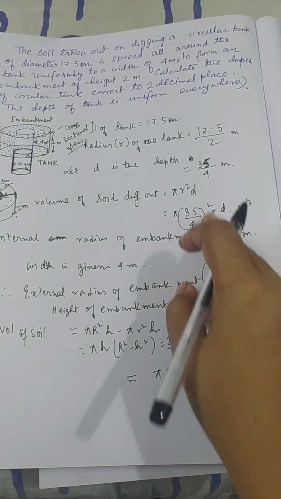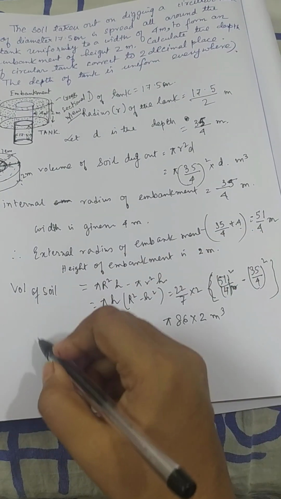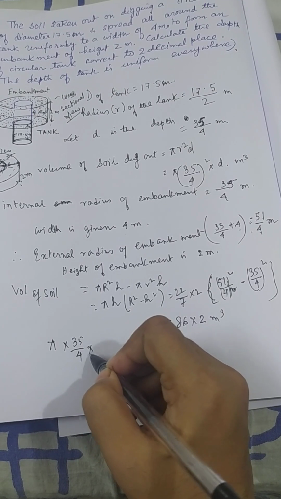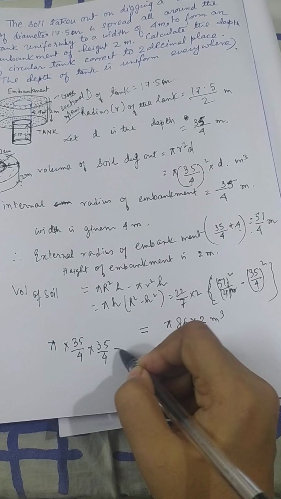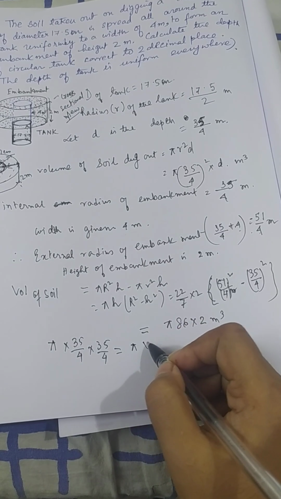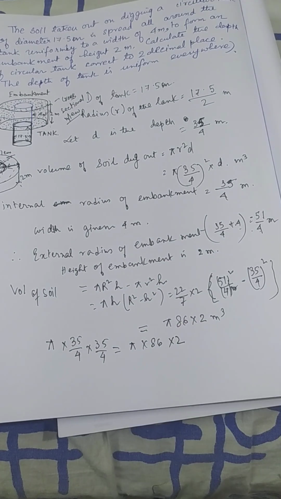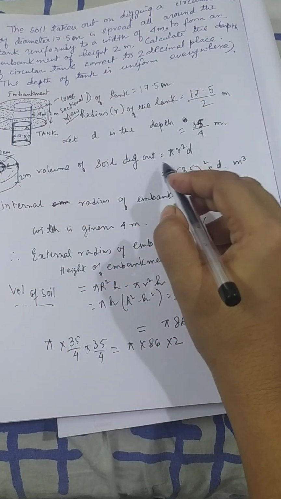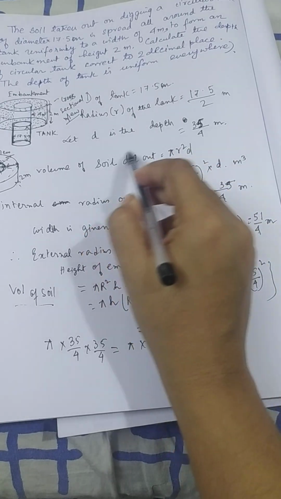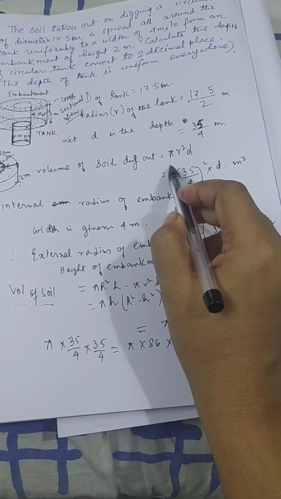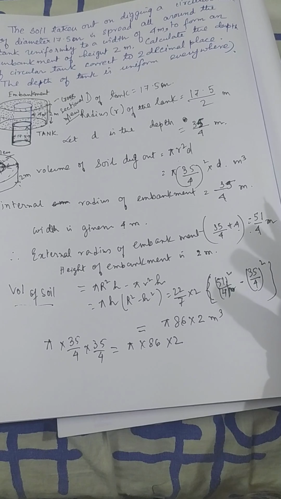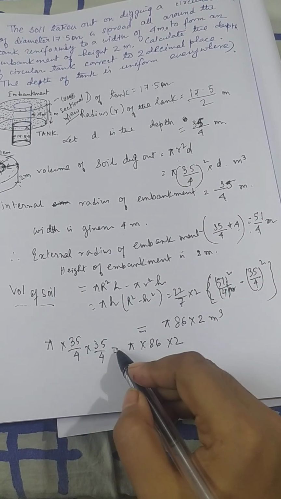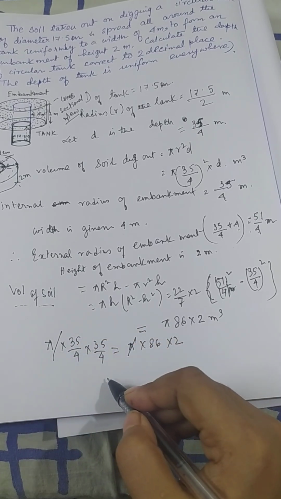So if we equate both parts, that means pi into 35 by 4 into 35 by 4 into h is equal to pi into 86 into 2, because it is also the volume of the soil, and indirectly the volume of the cylinder, that is equal to the volume of the soil that has been dug out. So if we make an equation out of it, we can easily simplify.